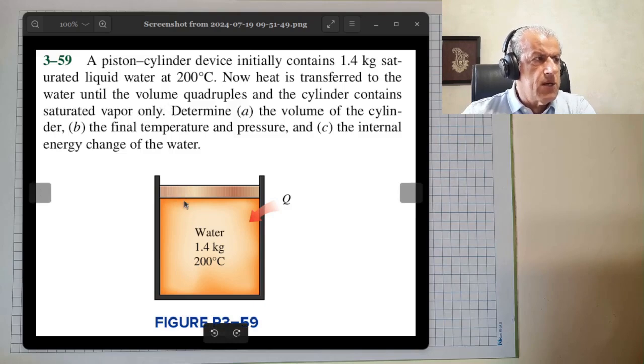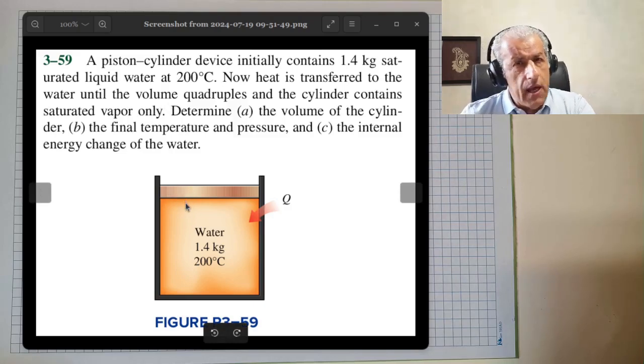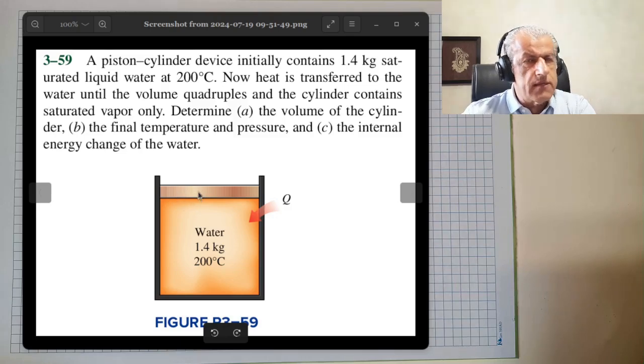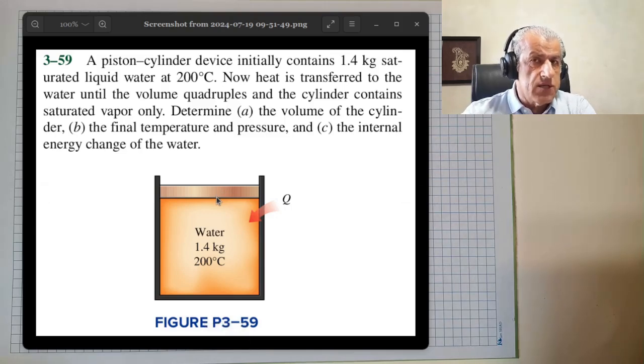The picture, as it is drawn, and as usually we assume for such a case, we assume constant pressure. But what the problem is telling us doesn't talk about constant pressure. And in fact, as we shall see, the pressure changes.